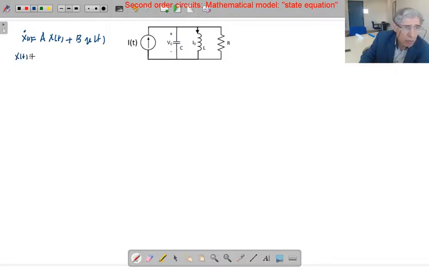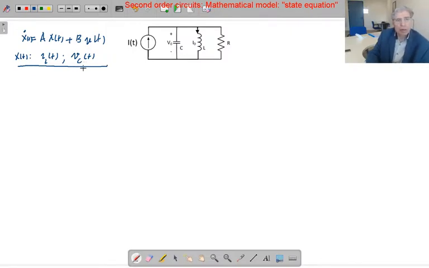There are two of them. One of them is the inductor current and the other one is the capacitor voltage. That is x(t). A is going to be a square matrix. The dimension is 2 by 2 because it is second order. And what we are going to see inside are L and C values. And for B as well. So I know what I am going to end up with.